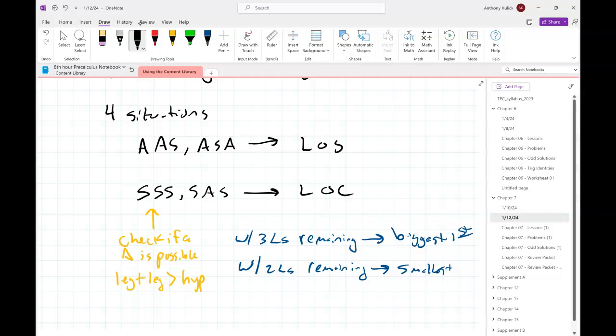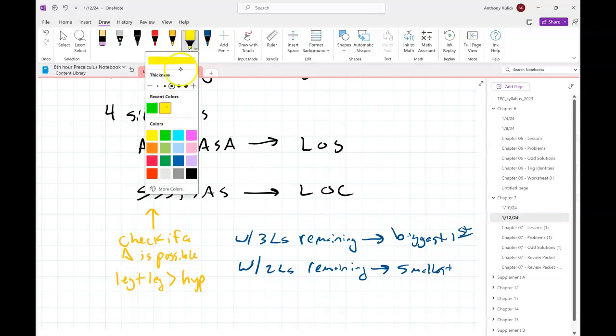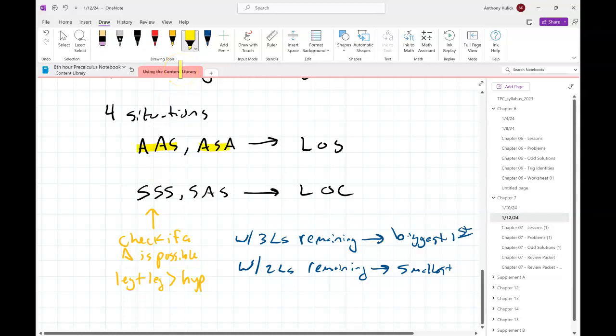The remaining situation we haven't talked about is the SSA case. If you think back to your geometry class, these 4, angle, side, angle, angle, angle, side, side, side, side, and side, angle, side, are all congruence theorems for triangles.